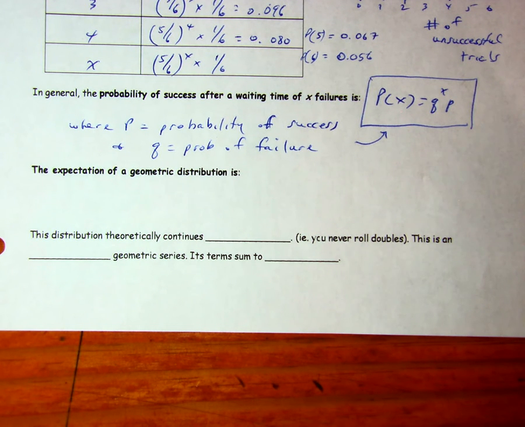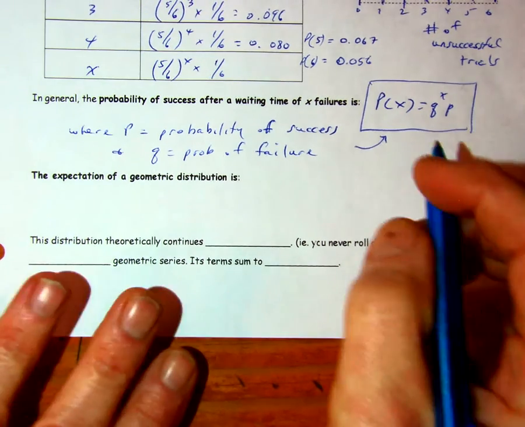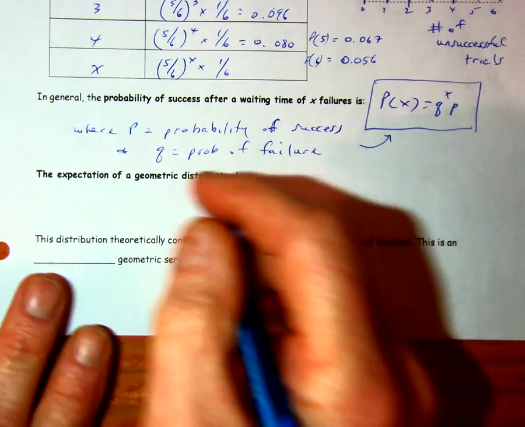If the probability is 1/6, how many rolls do you think you would have to try before you get a double on average? The answer is 5. I was expecting people to say 6.